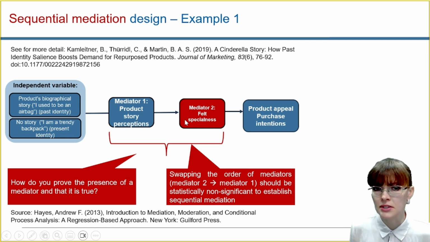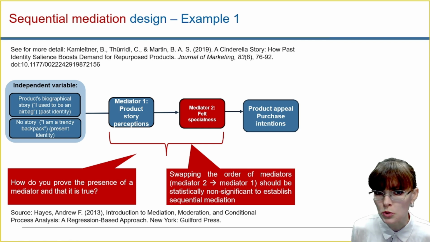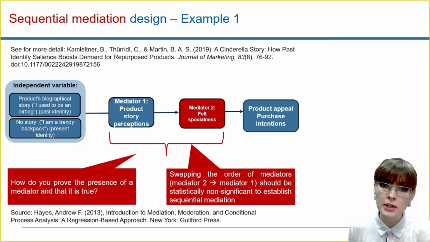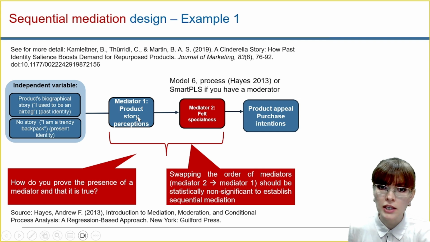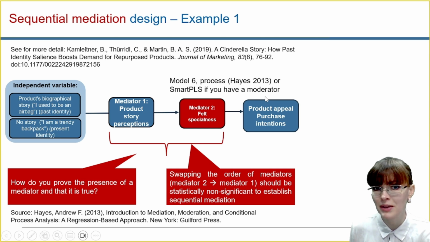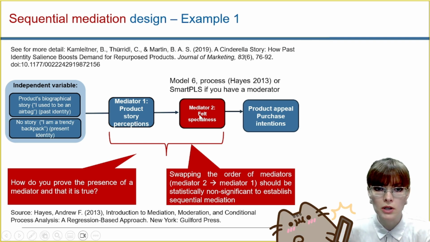Second, and this is something that the journals would be really looking for, is the empirical proof. For you to empirically prove that mediator 2 is the outcome of mediator 1, by using Model 6 in Process Hayes or SmartPLS or any other tool which can model sequential mediation or path modeling, you swap the order of your mediators.